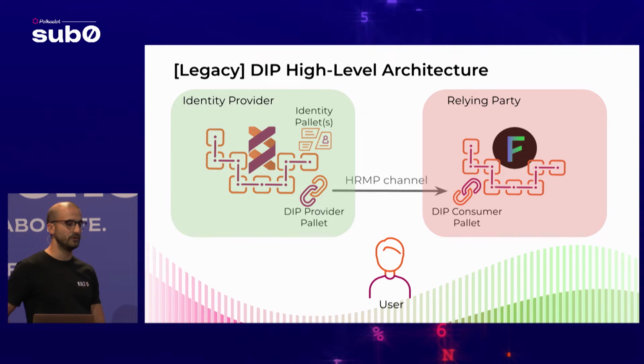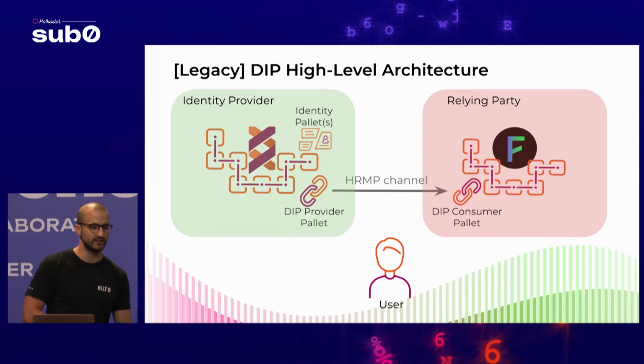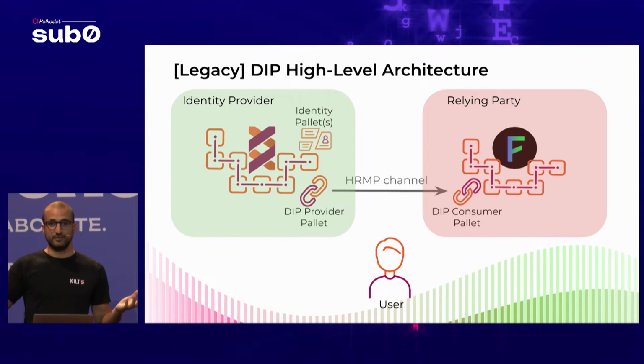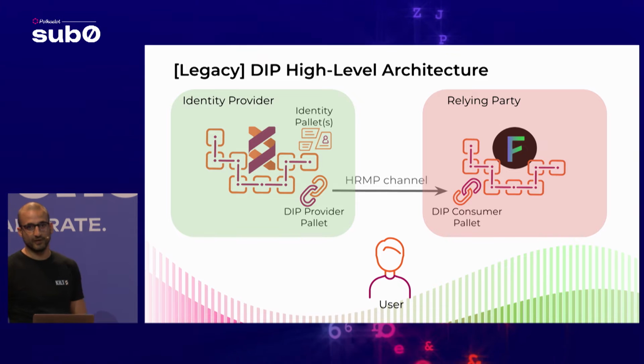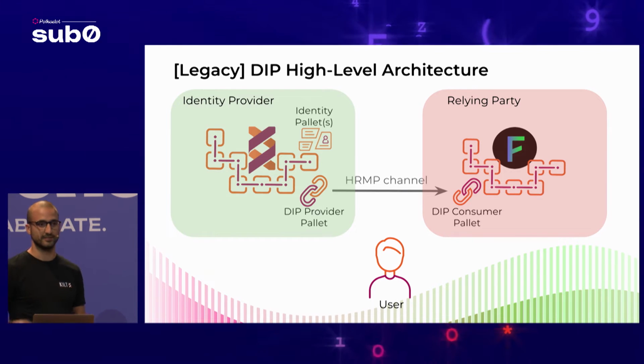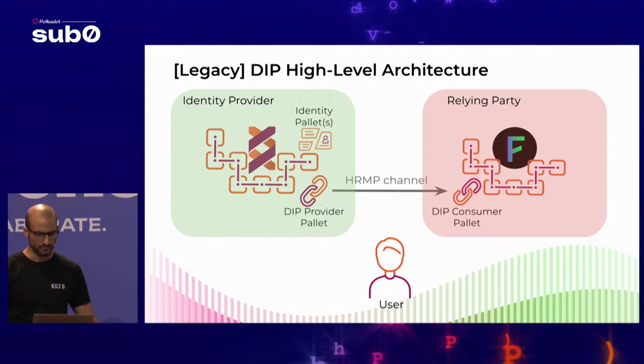A few months ago, we envisioned a way for DIP to work over XCM and HRMP channels. So the legacy architecture is that the provider and the relying party would open an HRMP channel with each other, or at least from the provider to the relying party, so that messages can flow from the source chain to the destination chain.